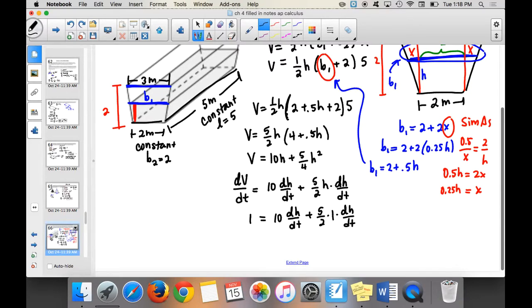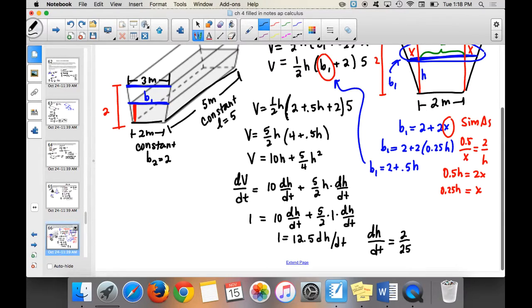So I have 10 of something plus 2.5 of something. So I get 12.5, right? So 12.5 dh over dt is equal to 1. So I get dh over dt is 1 over 12.5, which is, 12.5 was 25 over 2, so it's going to be the reciprocal, which is 2 over 25. Or you could have 0.04.